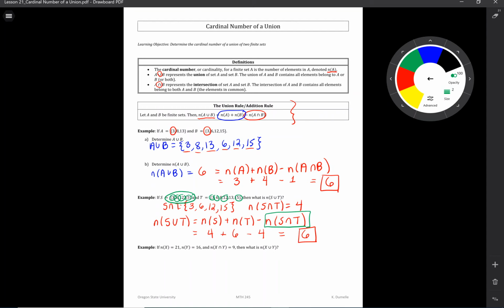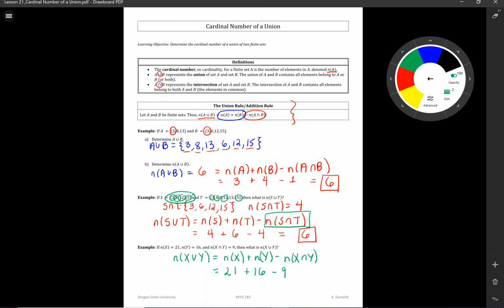The number of elements in X union Y is the number of elements in X plus the number of elements in Y minus the number of elements in X intersect Y. I'm given that n(X) is equal to 21, n(Y) is equal to 16, and n(X intersect Y) is 9.